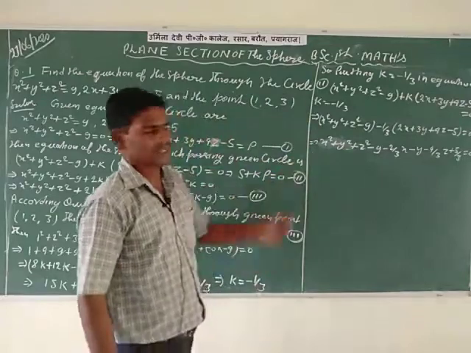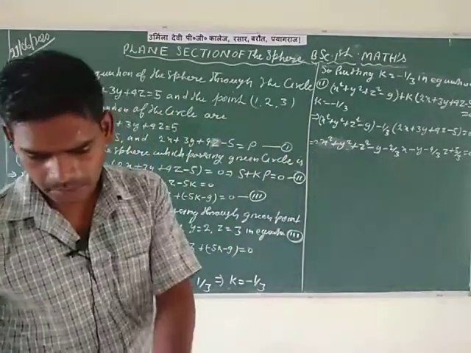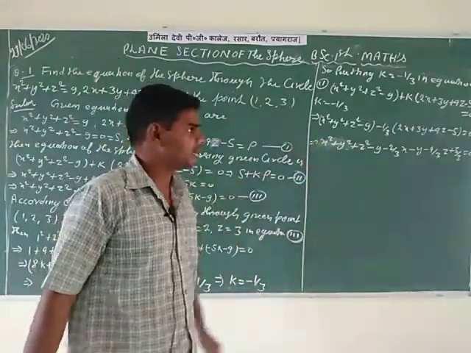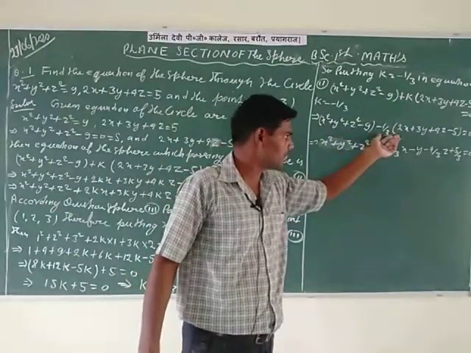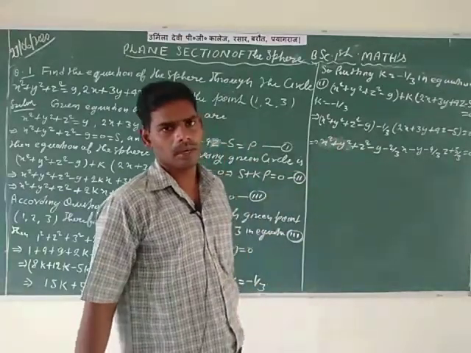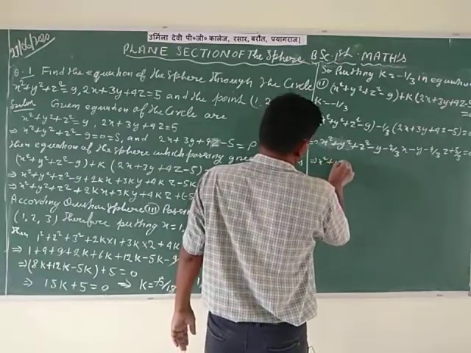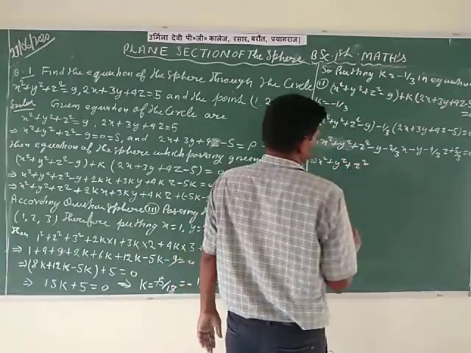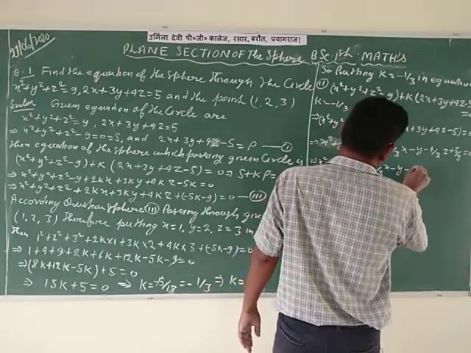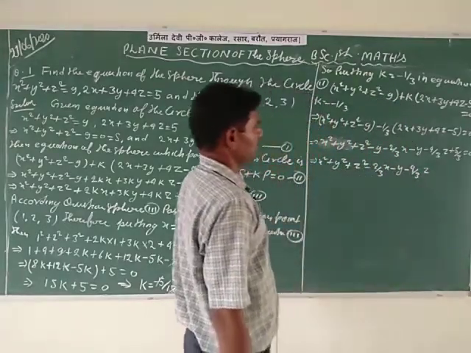In this equation, the coefficient of x square, y square, z square is unit, because any sphere's general form equation is in this form. So the systematic form is x square plus y square plus z square minus 2 by 3 x minus y minus 4 by 3 z plus 5 by 3 minus 9.